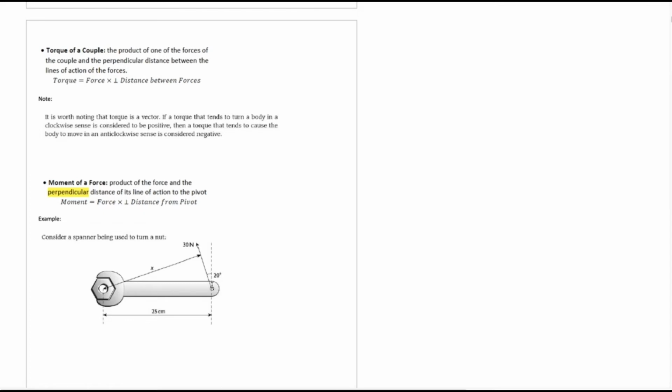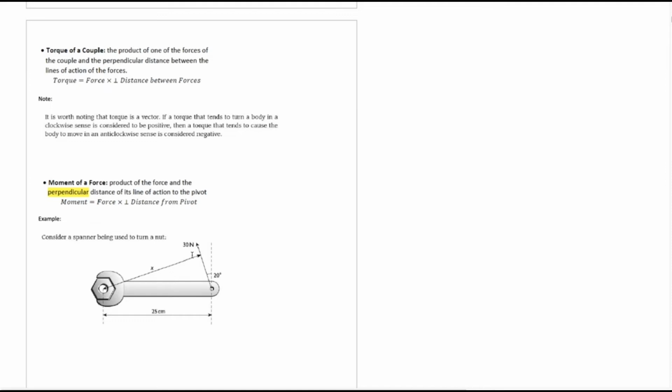Let's say you take the force, multiply with the perpendicular distance to the pivot. So to the pivot, this one. Okay, so we cannot use 25 cm, but we have to use this. We have to find out x, the perpendicular distance.